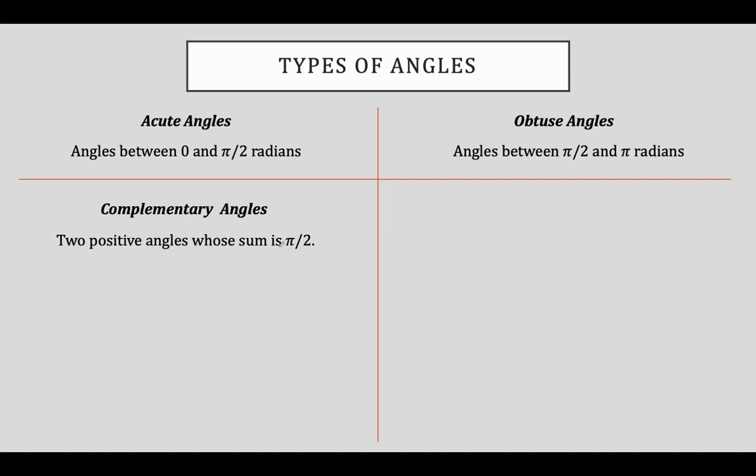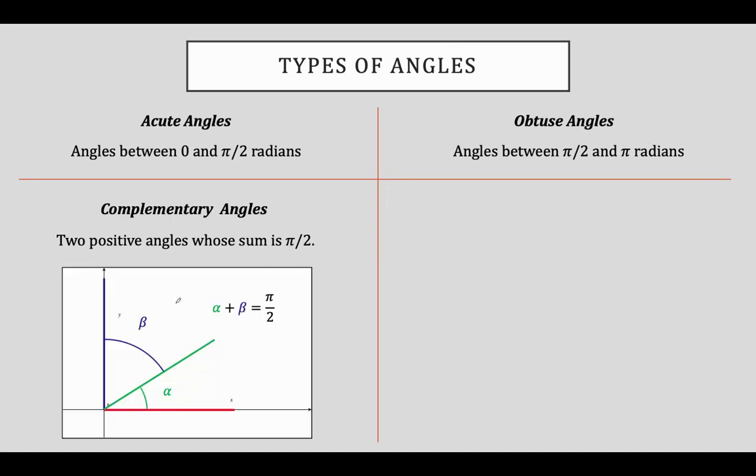Two angles that add up to 90 degrees or pi over 2 radians. Here is an example of what would be two complementary angles, the angle alpha and the angle beta. Notice that if I add those two angles together, alpha plus beta, I am going to get pi over 2.